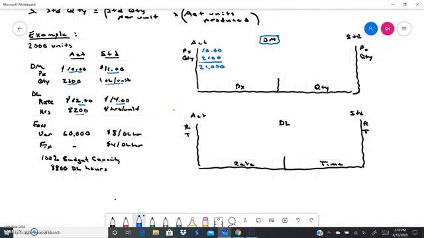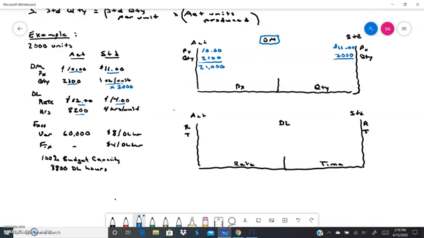Our standard price is $11 per ounce. And our quantity is 1 ounce per unit. And remember, for standard quantities, we want to have the standard quantity allowed per unit times the actual number of units. So in this case, we have 1 ounce per unit times the actual units, which is 2,000 units. And that's going to equal 2,000 ounces. That would be our standard.